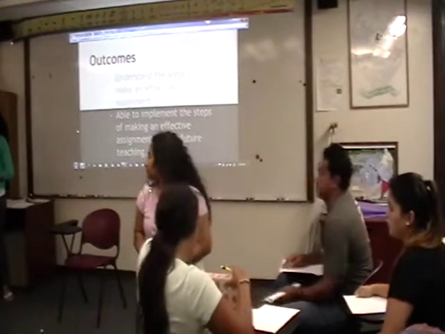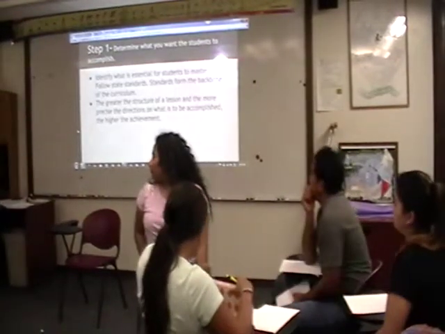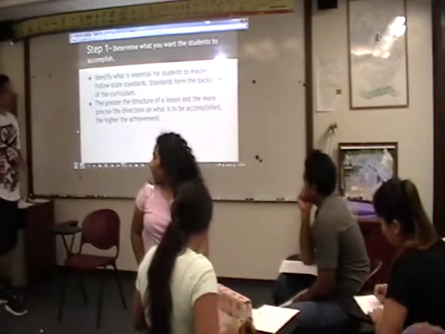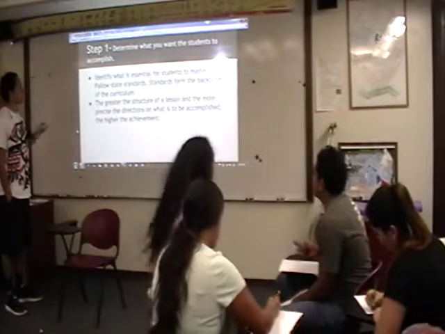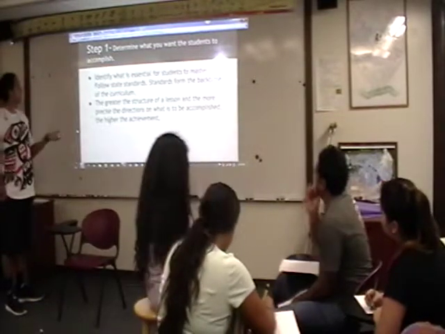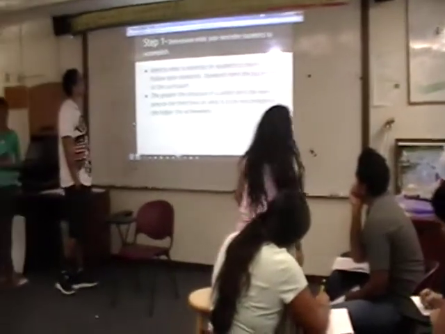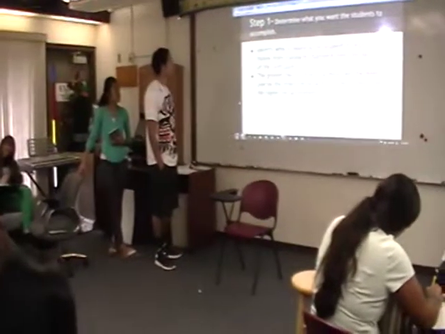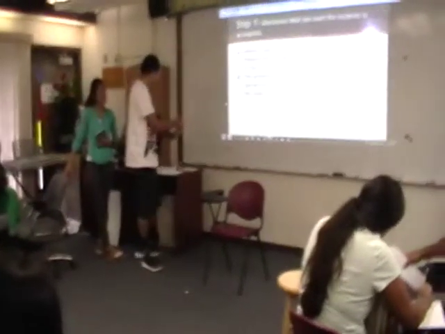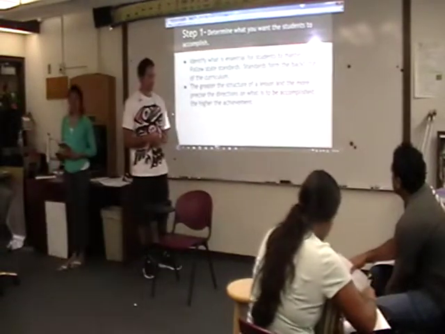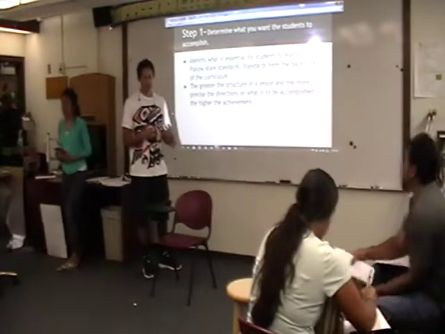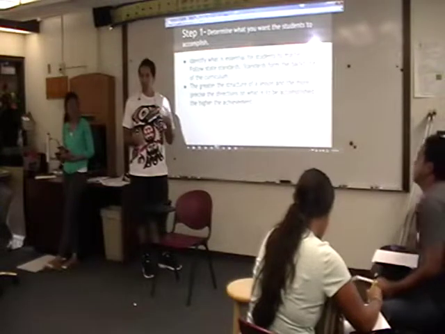Alright, so step 1. The first step in making an effective assignment is that you determine what you want the students to accomplish. Before I get into that, as a teacher you want to think of the question as not so much what should I cover, but what do I want my students to learn.